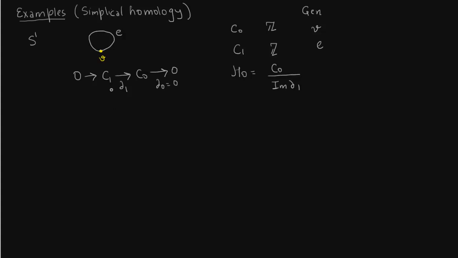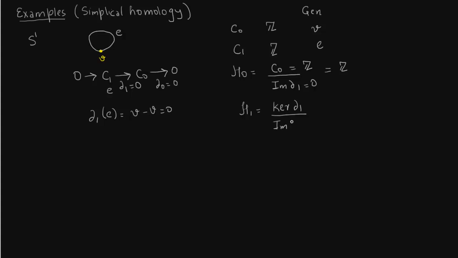Now delta 1 acting on the edge E is just the difference between its two vertices, so that is 0. We have seen application of the boundary map before, so I'm just going to write it down. So since image of delta 1 is 0, the homology group H0 is the entire Z.